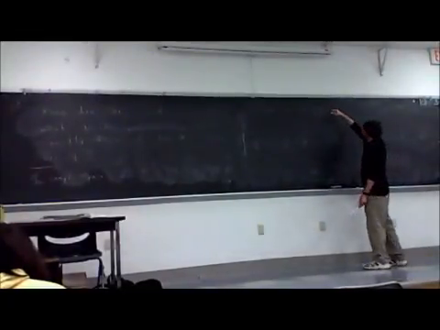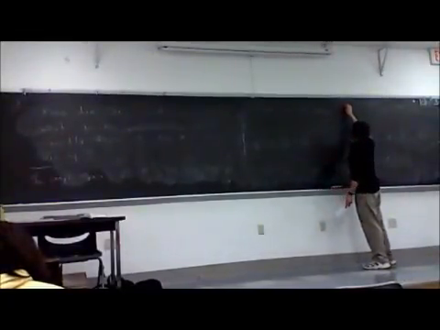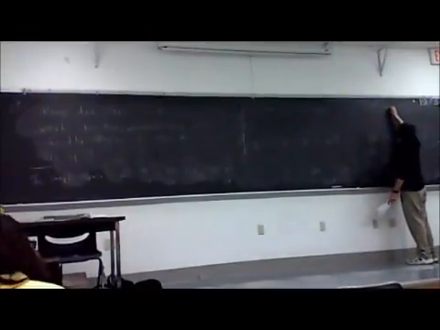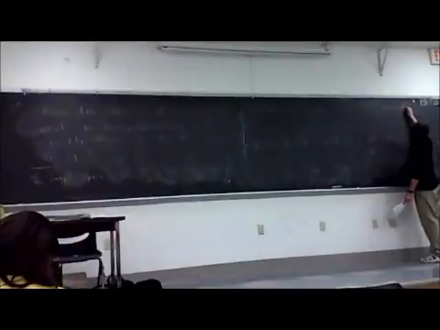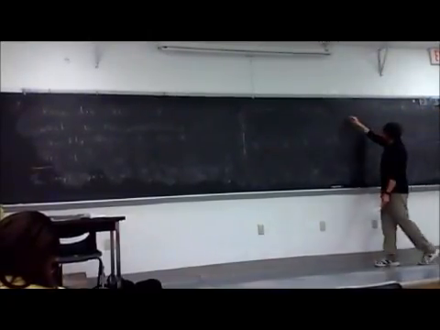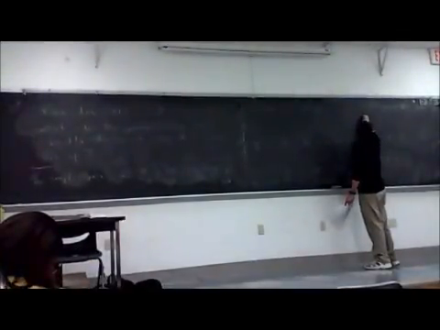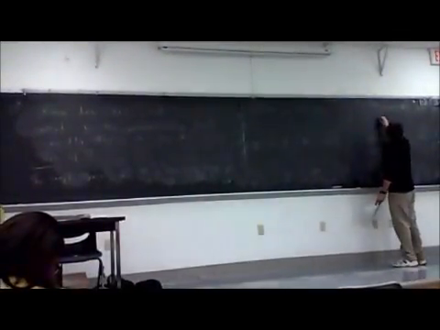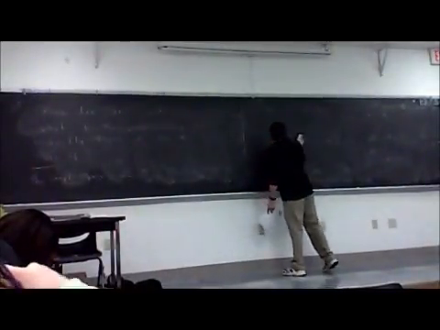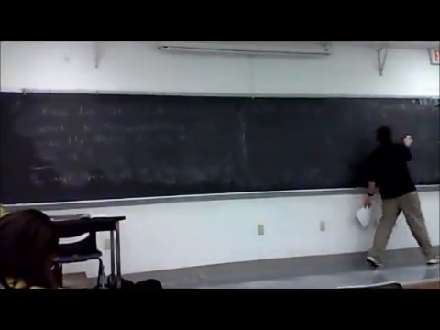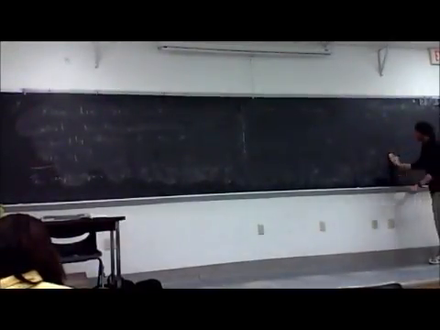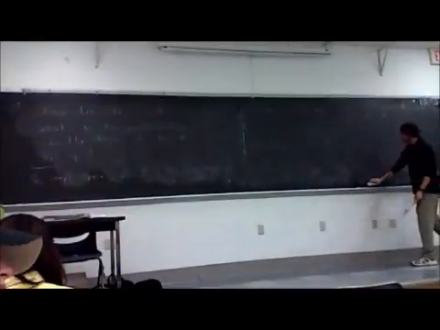So you choose 3 of these 5 slots to fill with 4s. You're going to just choose 3 of those slots, and you're going to put 4s in those slots.